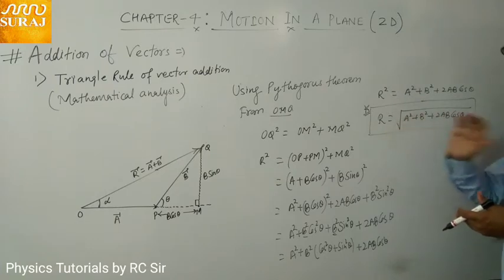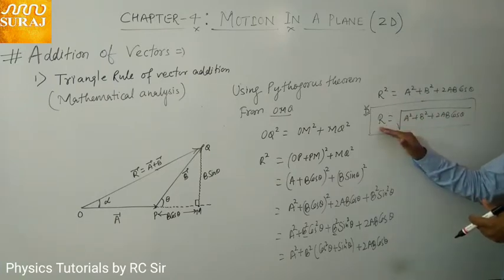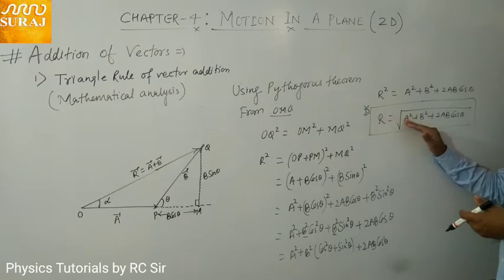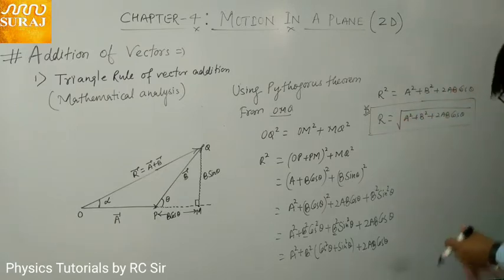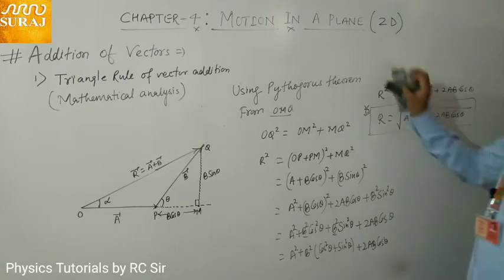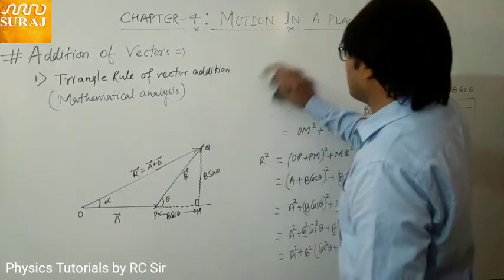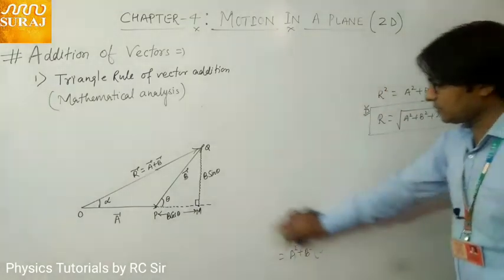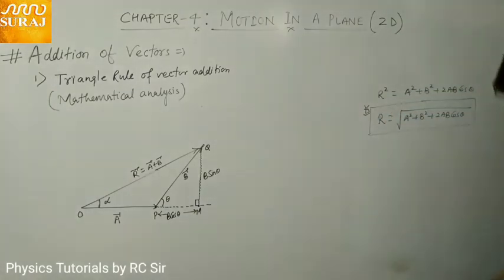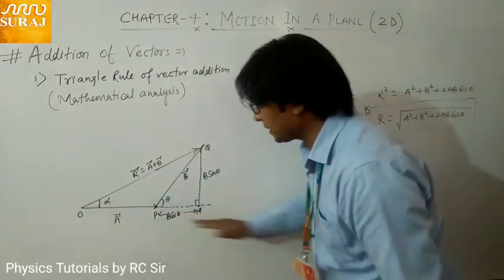This is a very important standard formula for calculating the magnitude of the resultant vector of addition of two vectors: A square plus B square plus 2AB cos theta whole root. Now we will derive the formula of the angle which this resultant vector makes with this A vector.